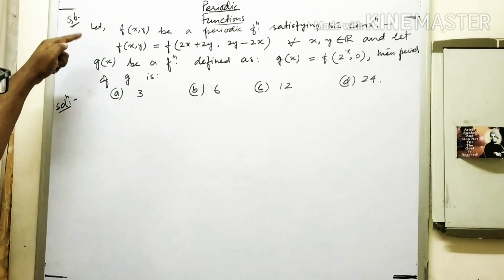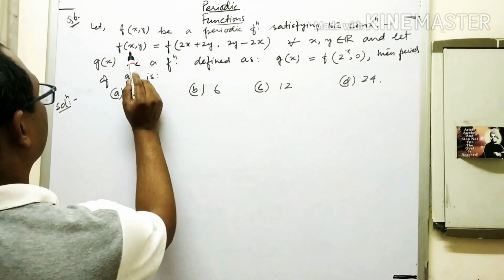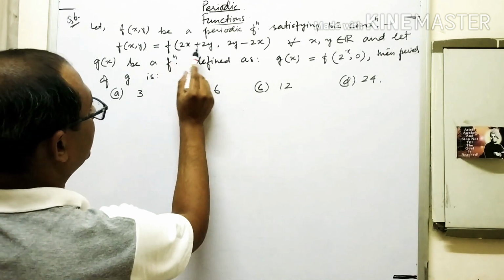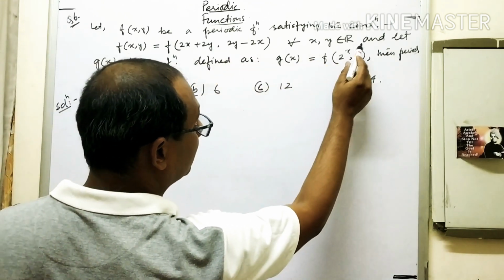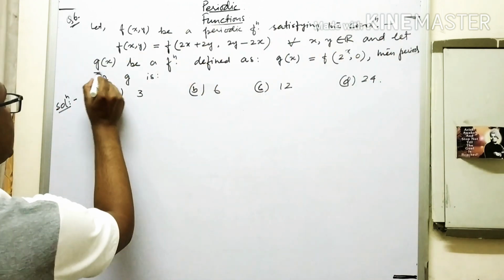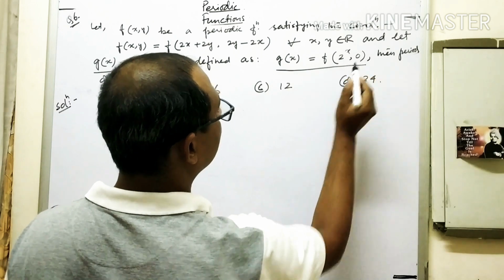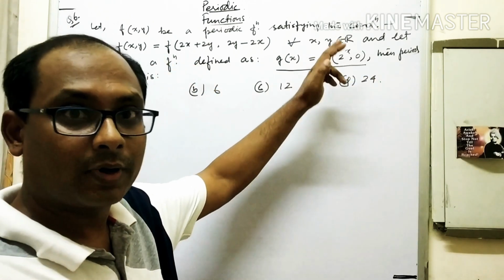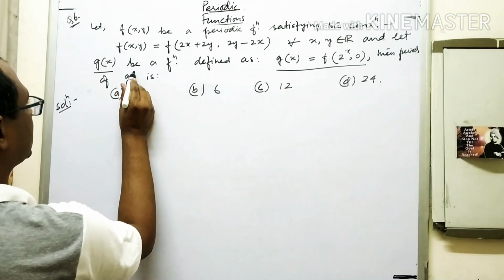The question is, let f(x, y) be a periodic function satisfying the condition f of (x, y) equals f of (2x plus 2y, 2y minus 2x) for all x, y belongs to R, and z(x) be a function defined as z(x) equal to f of (2 to the power x, 0). Then we have to find the period of z.